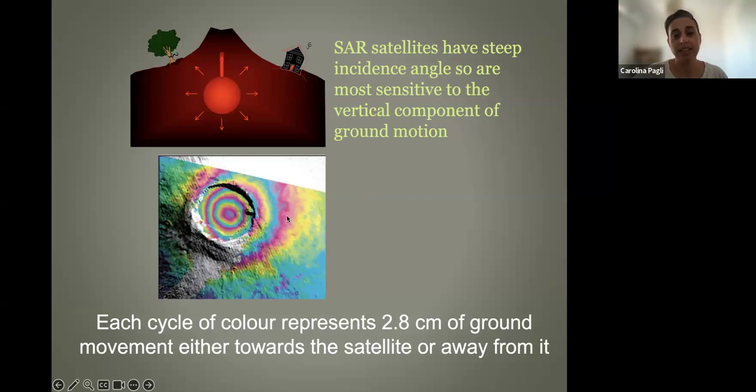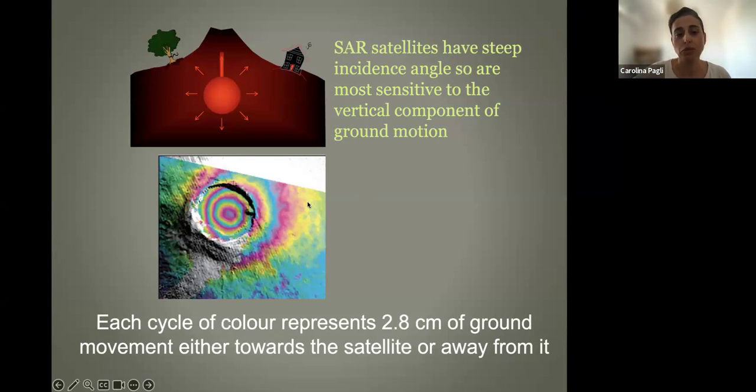And then again, it cyclically repeats: blue, green, yellow, pink, and so forth. So the total deformation is seen as a series of color cycles, which are called fringes. And one fringe, in this case, represents 2.5 centimeters of ground motion, either towards the satellite or away from it.